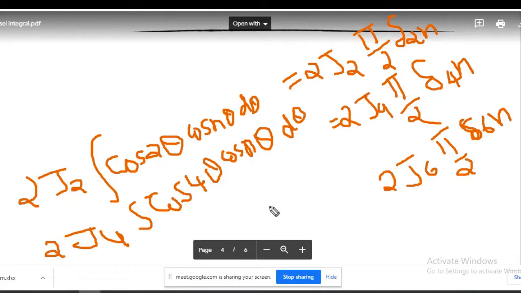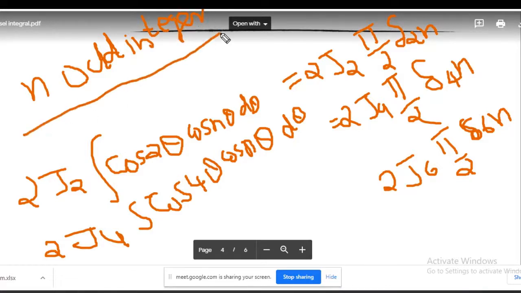Okay. Now the question is, suppose n is an odd integer. We don't know what it is, but we know this much: it is an odd integer.